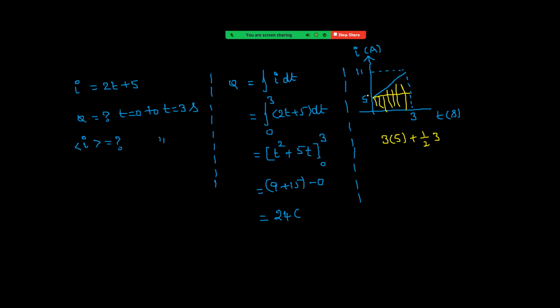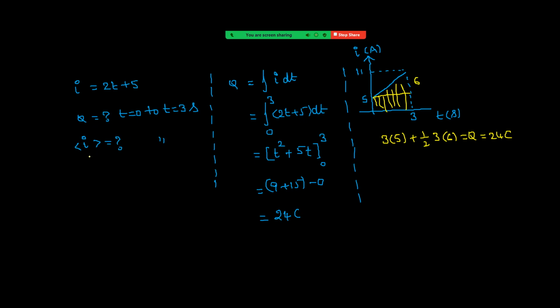Height equal to 11 minus 5, it is 6. So height equal to 6. That is now the charge flowing. Okay. So half into 6 into 3, 3 times 3 is 9, 9 plus 15, it is 24. So we got the same, right? So either we can calculate by using that current time graph by taking the area, otherwise take the integration part. Okay, right. And here it is asking how much charge has flown. We got it.